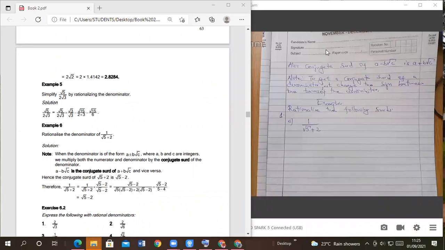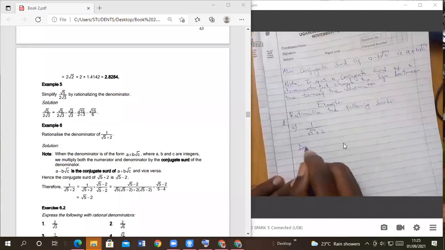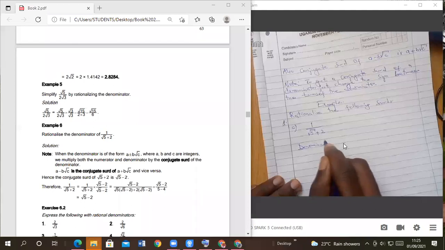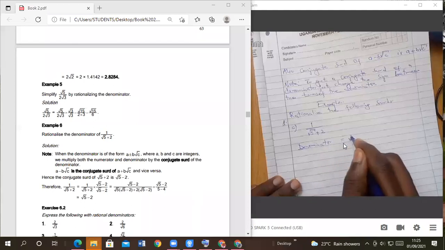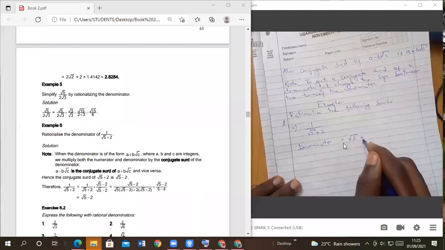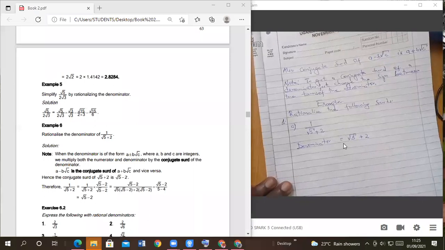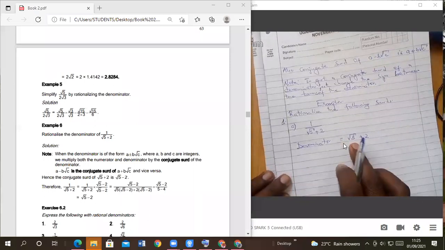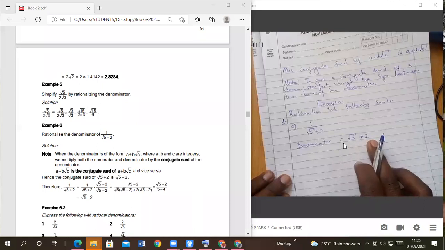So when you look, our denominator is root of 5 plus 2. Now you see this one is more than one term, not so? So we get the conjugate.